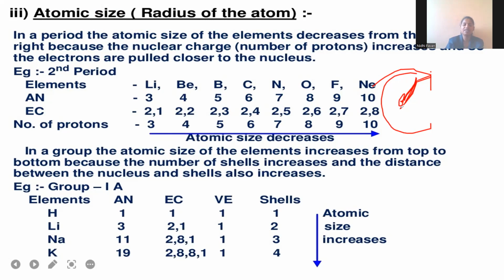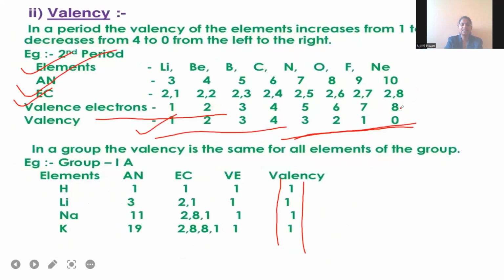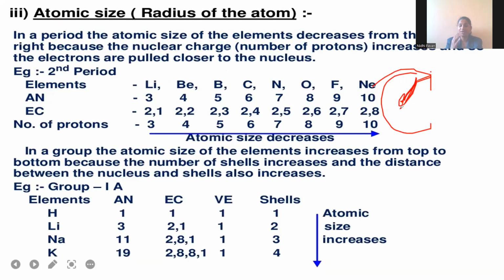As you saw regarding the valence electron, the valence electron increases, but the shells remain constant along the period. When the shells remain constant and valence electron increases, it shows that protons also increase. Increase in number of protons, see here, 3, 4, 5, 6. It is the same for electrons, because the number of electrons will be equal to the number of protons.